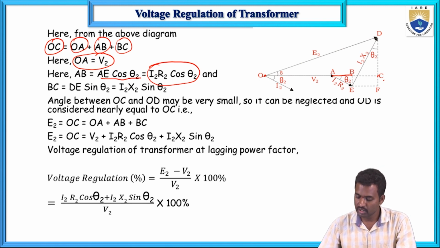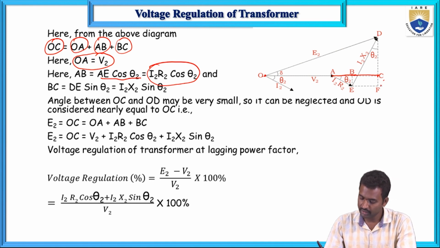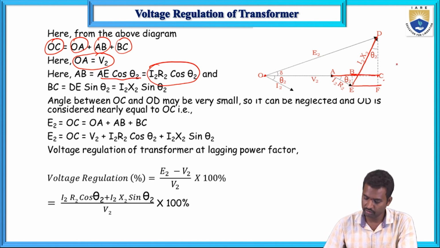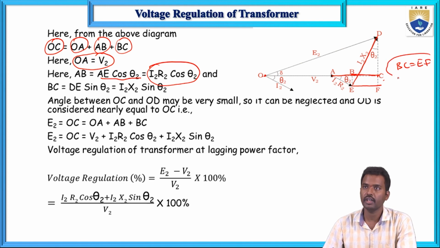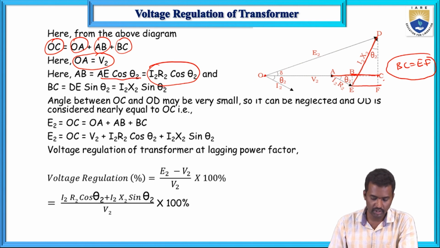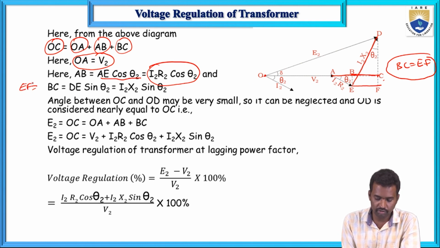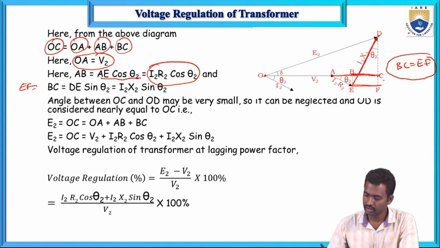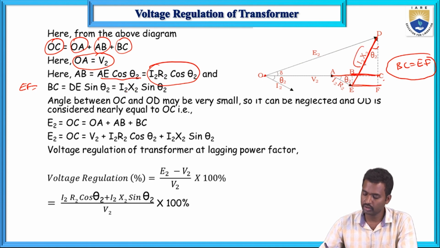Next, BC equals EF, and both are the same horizontal. DE is the diagonal, so BC equals DE sin theta 2, which means BC equals I2 X2 sin theta 2.